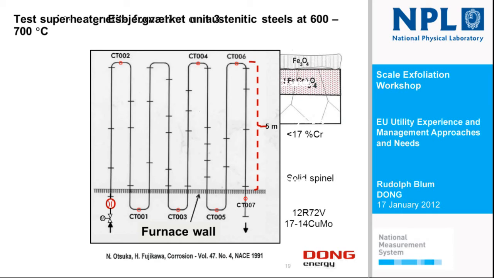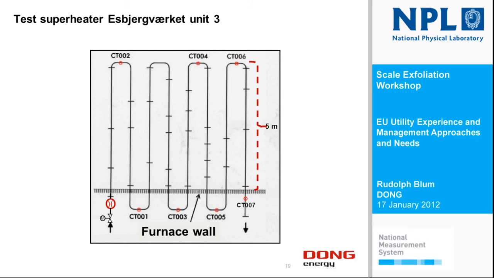We have had 3 of these one-tube test superheaters installed in the boiler, and each individual tube consists of various pieces of various materials. We have an inlet here, normally with an inlet temperature of about 500 centigrade, and then we expose it to the first coil, normally ferritic materials.